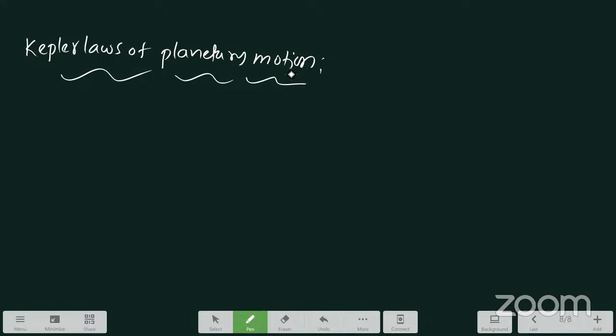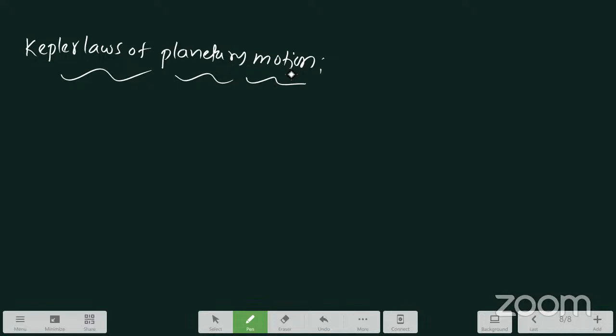Kepler laws of planetary motion. You know, every planet in our solar system is revolving around the sun. So the scientist Kepler suggested three laws of planetary motion. Every planet revolving around the sun follows three different laws. That is Kepler laws of planetary motion.